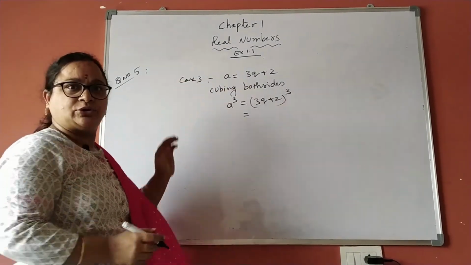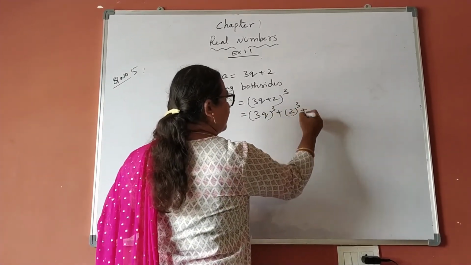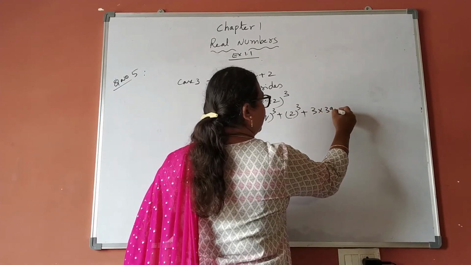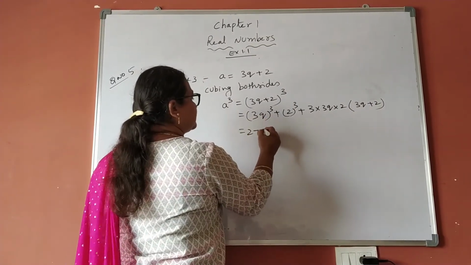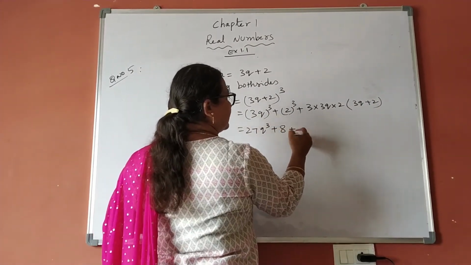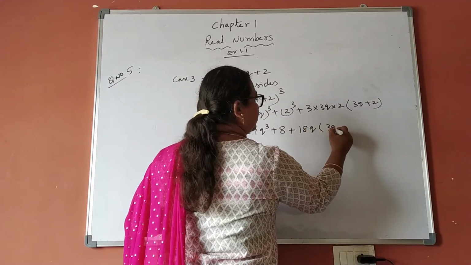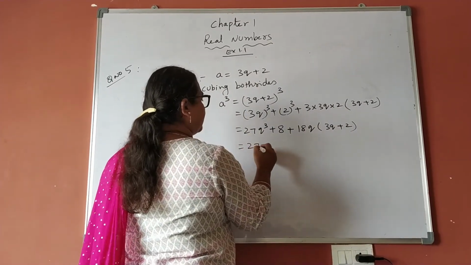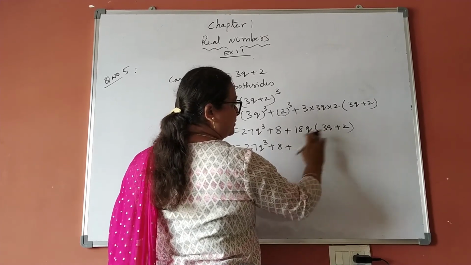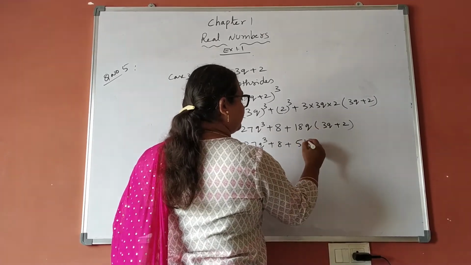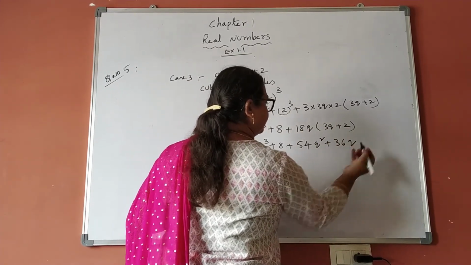Same, a plus b whole cube: a cube plus b cube plus 3ab into a plus b. 27q cube plus 8 plus 3 3s are 9, 9 2s are 18q into 3q plus 2. 27q cube plus 8 plus, open the brackets, 18 3s are 54, q into q, q square, plus 18 2s are 36q.